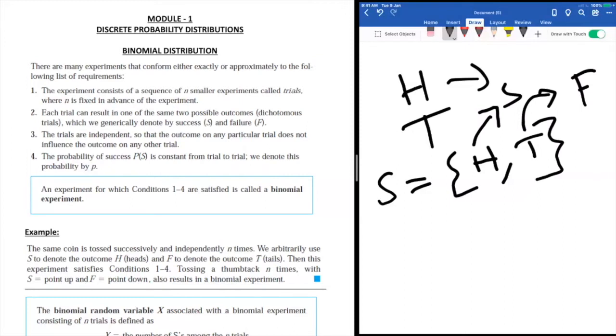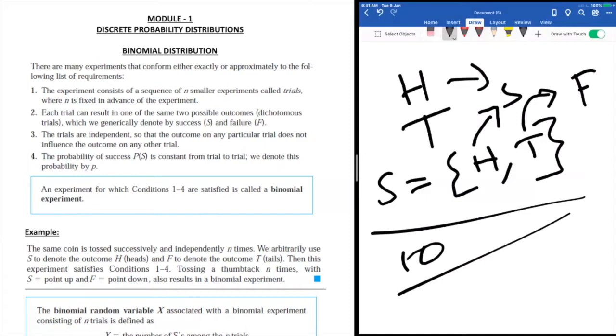Third condition: the trials are independent. Tossing a coin 10 times, each trial is independent. And the last condition: the probability of success is constant from trial to trial. In this example, getting head is the success, so the probability of success is equal to 1 by 2 for each trial.